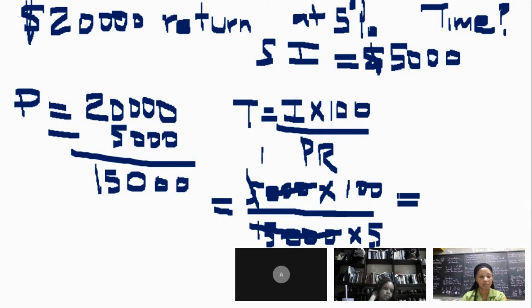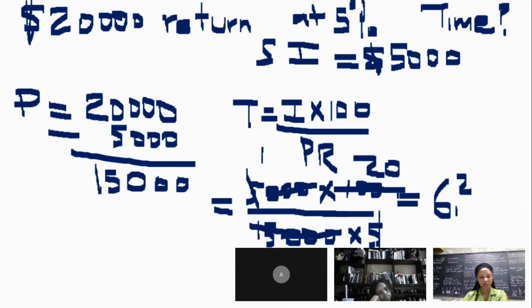No, sorry, not 2. So that's 100 divided. Oh, no, sorry. 5 into 100 is 20. Mm-hmm. So it would be 20 divided by 3. And 20 divided by 3 is 6 and remainder 2 over 3.